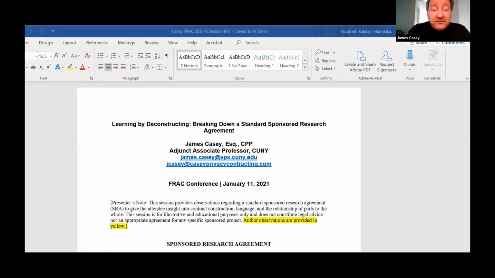So that is certainly something to keep in mind as we go through this contract here. I had always found that negotiating when I was at private universities was a bit easier because we had a bit more flexibility with that.